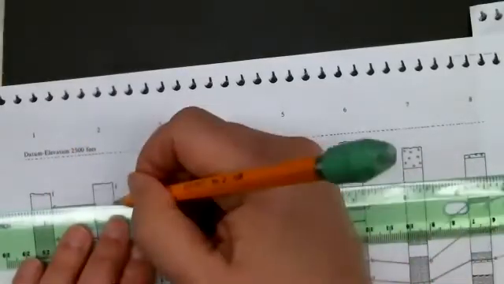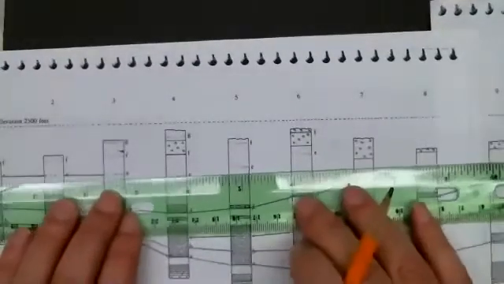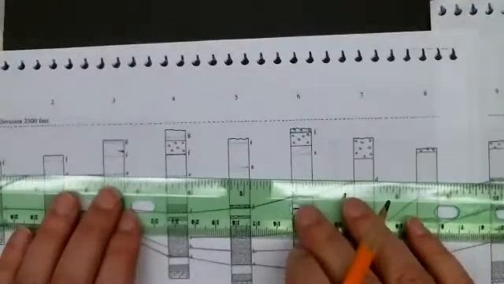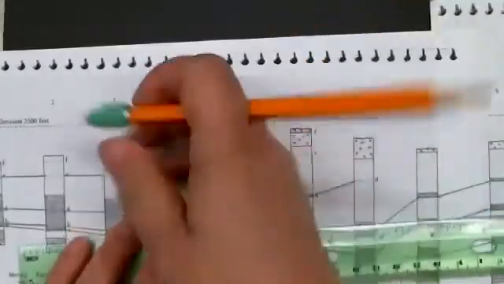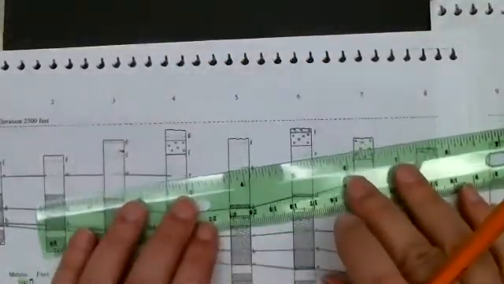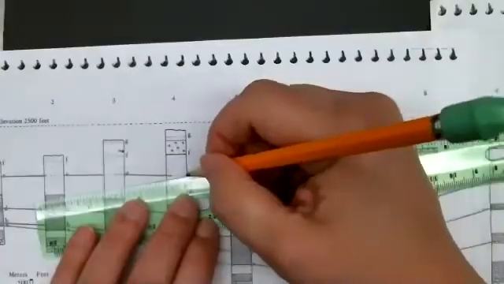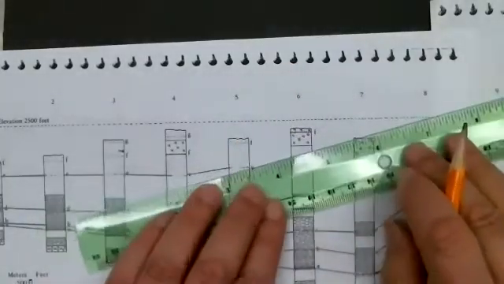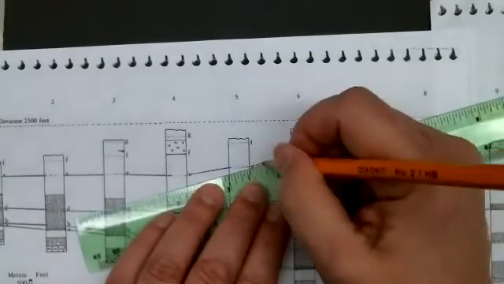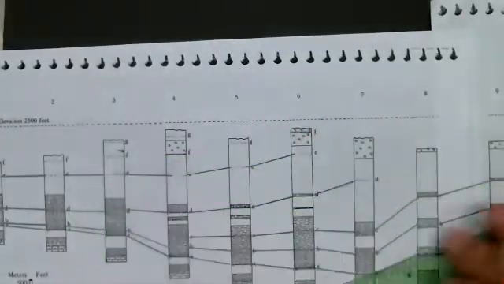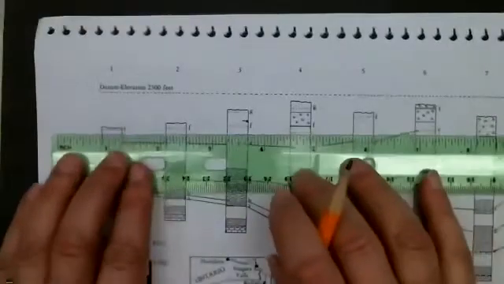All right, I'm doing my E now, so I'm almost done. Okay, and then I have F.